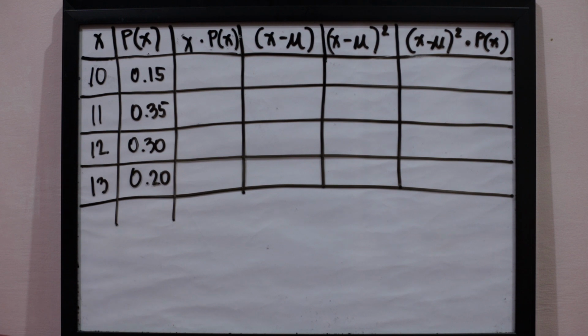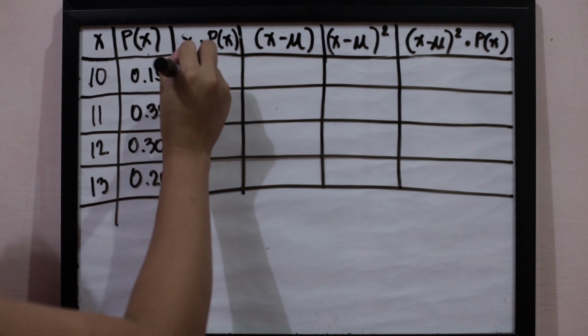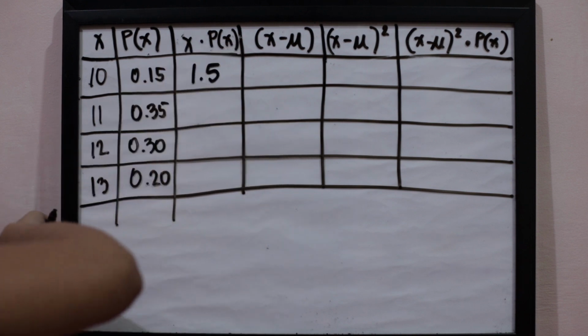So, all you have to do is multiply the probability of x and x. So, 10 times 0.15, 11 times 0.35, 12 times 0.30, and then 13 times 0.20. We'll do it manually, 1 by 1. So, the answer is 1.5.